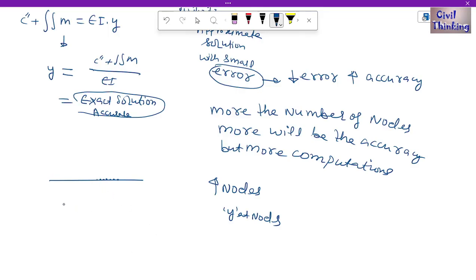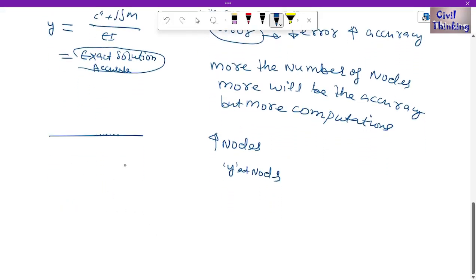For example, let me show it here. Let us consider two scenarios. Let us say this is the beam. Now I am using the Ansys program, and I am using these nodes 1, 2 and 3. Let us say this is the center.